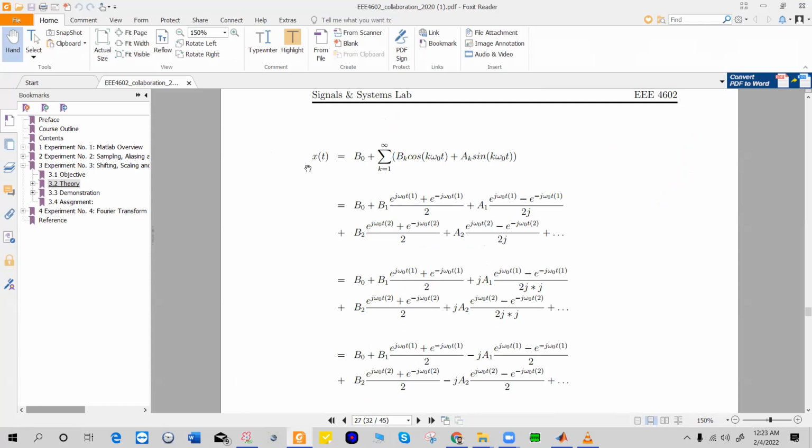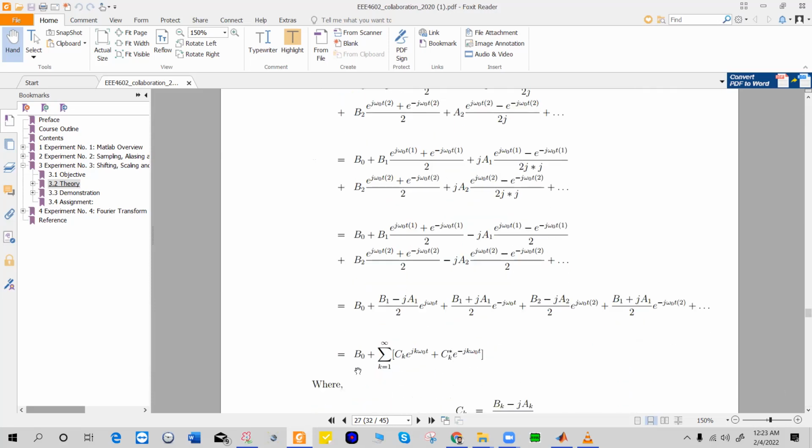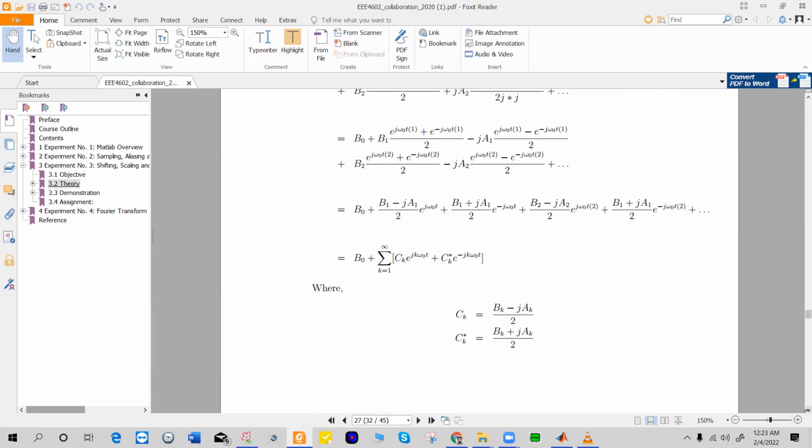First of all, this is the equation we already know, the basic equation of Fourier series. If we follow the derivation from this equation, which I'm not describing, then you can come up with this format as well. So the equation can be represented in a different way.